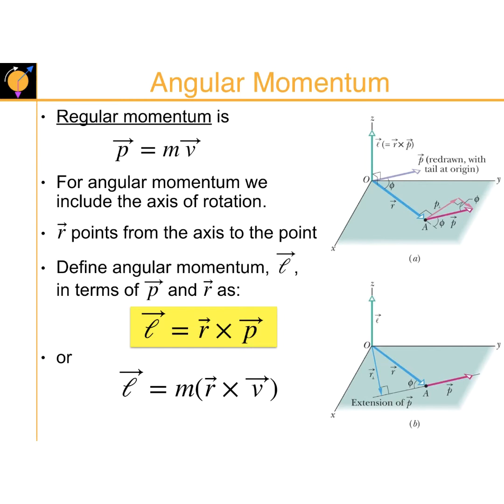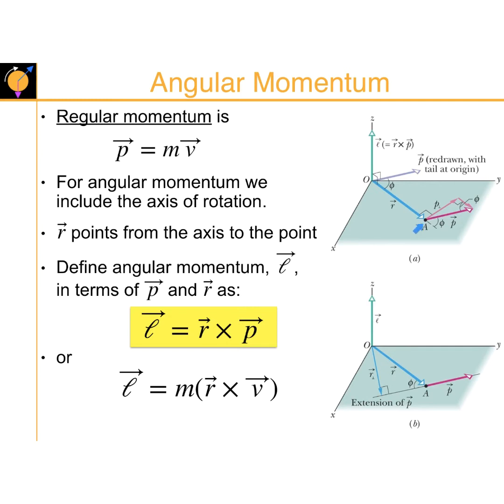So remember, regular momentum is mass times velocity, and it's a vector that points in the direction of the motion of the object, and it's dependent on its velocity, its speed, and its mass. For the angular version, we want to measure something's motion around its axis of rotation.